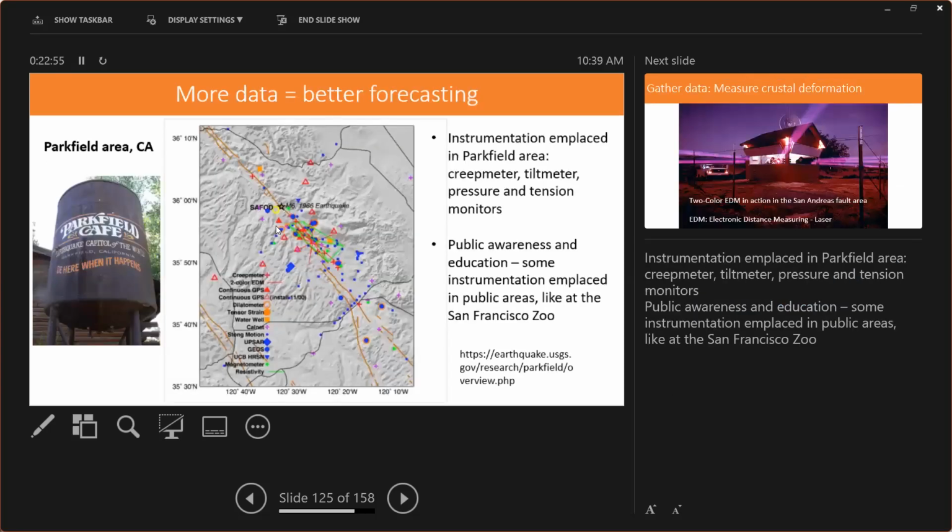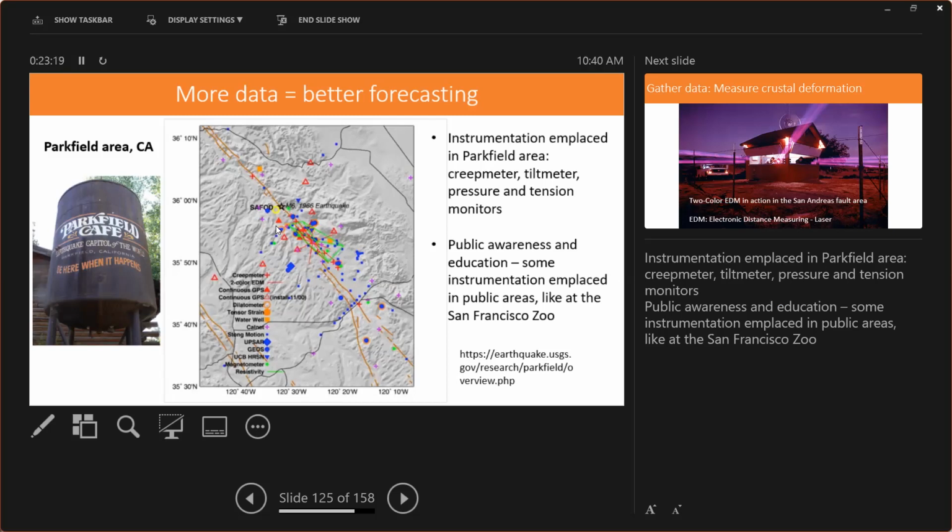So this is Parkfield, California. This is an area where they're doing a lot of both those short-term studies and long-term studies. They have tons and tons of instrumentation here in this area. So they have creep meters and tilt meters. Creep meters measure very, very slow movement of land, which is known as creep.